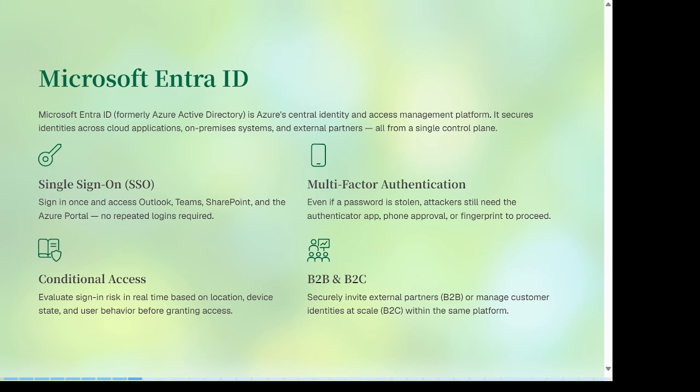Instead of managing separate usernames and passwords for every application, Entra ID centralizes identity into one secure system. That means one identity per user, one secure login system, one centralized control plane.